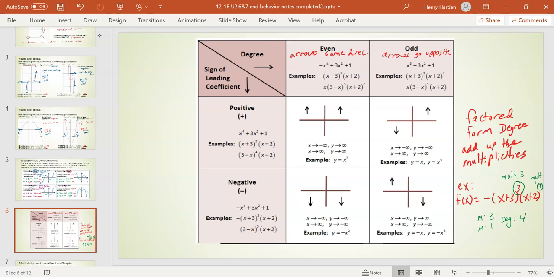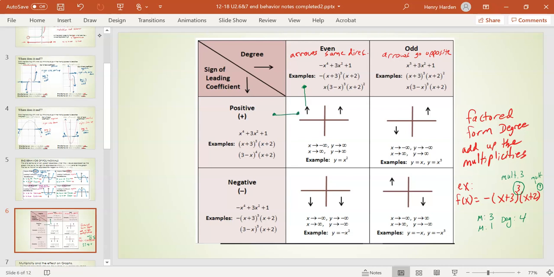And then, of course, the leading coefficient is whatever the leading coefficient is. You see this is your leading coefficient when it's in factored form. So in this case, that's negative. If you don't see a sign, it's positive. So this is just like a multiplication table. So you start here. If you have an even degree with a positive leading coefficient, then your arrows point like this.